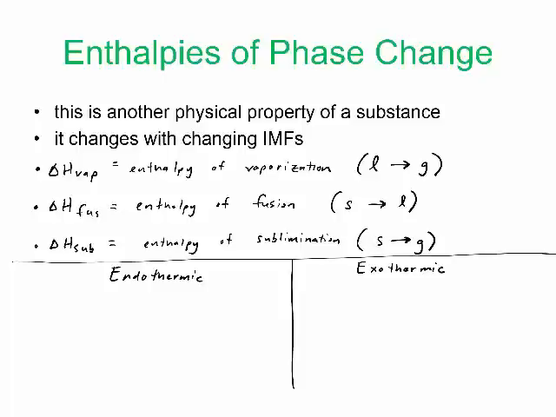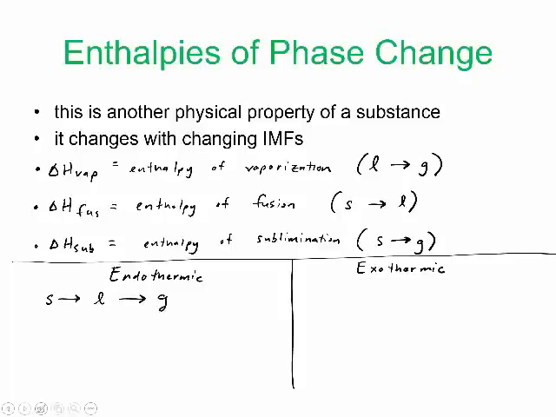These processes have the same value, so the quantity will be exactly the same, but you need to change the sign to put it in terms of what's happening to the system. So for endothermic, this is like going from solid to liquid to gas.